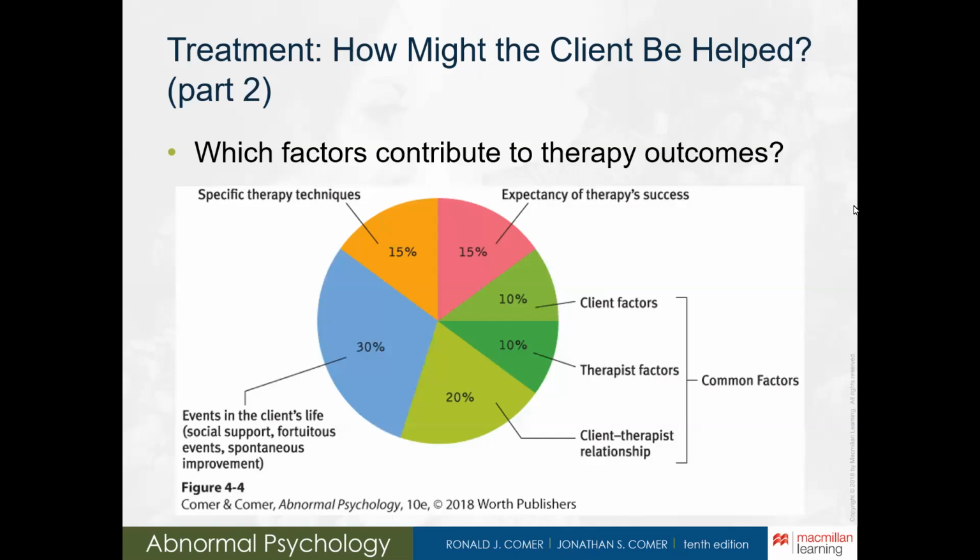So, when you think about therapy outcomes, which factors should contribute to therapy? Well, according to research, a client's progress in therapy will relate only partially to the specific strategies used by their therapist. In fact, factors like the client's expectations and the therapeutic relationship and concurrent events in the client's life actually have more influence on the outcome of treatment, which is what we see here.